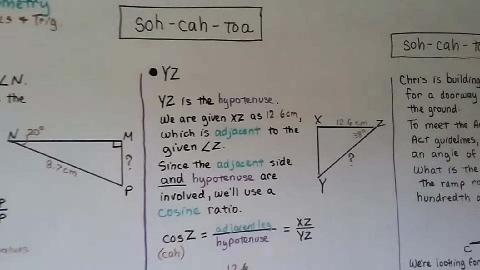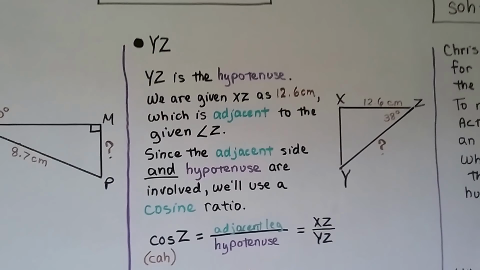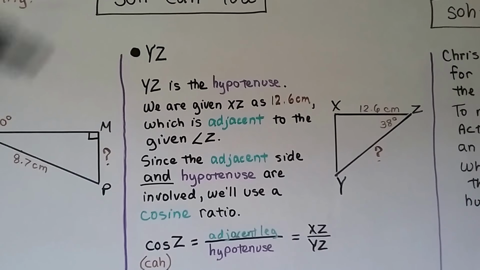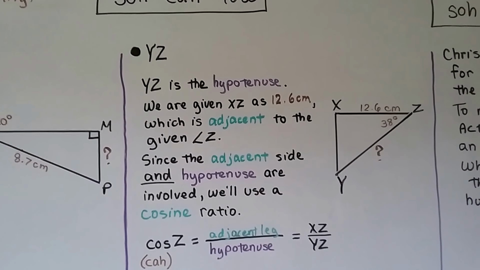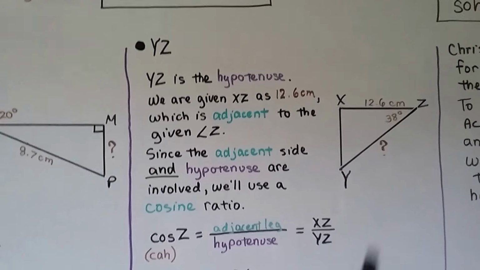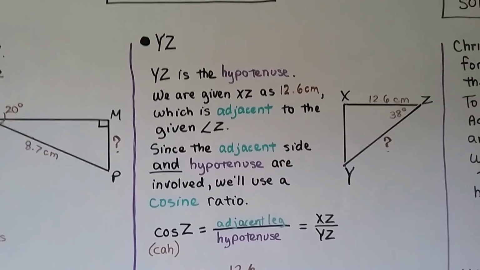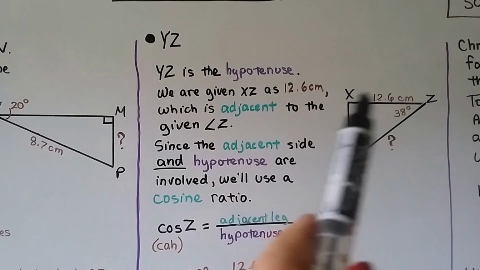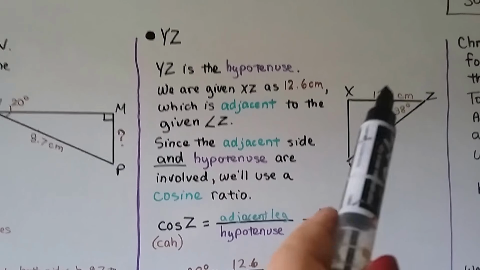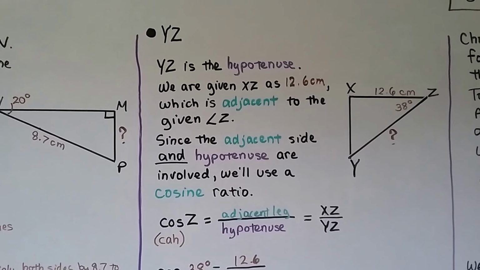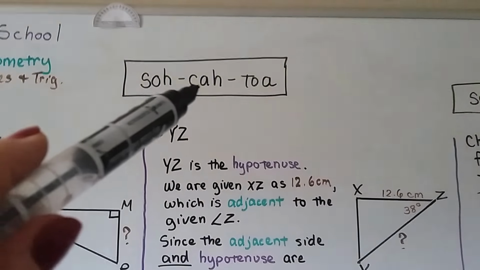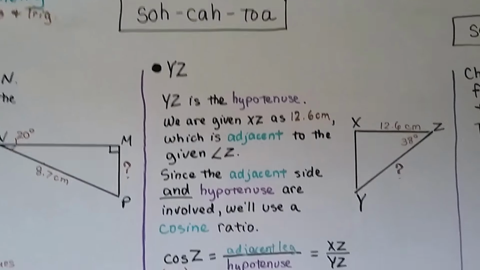Now we're looking for YZ. That's the hypotenuse. We're given XZ as 12.6 centimeters, which is adjacent to the given angle Z, the 38 degrees. And since we have the adjacent side next to Z and the hypotenuse involved, we'll use a cosine ratio because that would be the A and H in the CAH of SOH-CAH-TOA, wouldn't it?